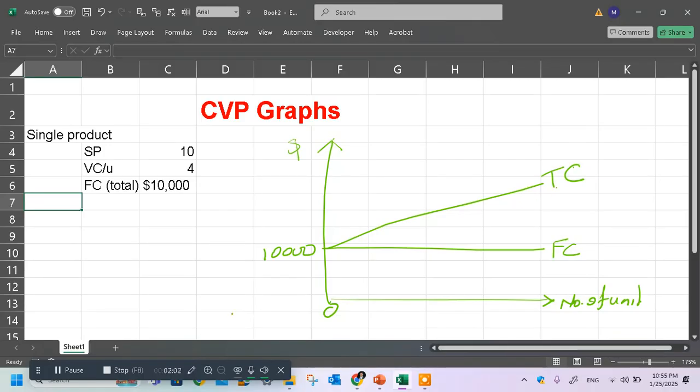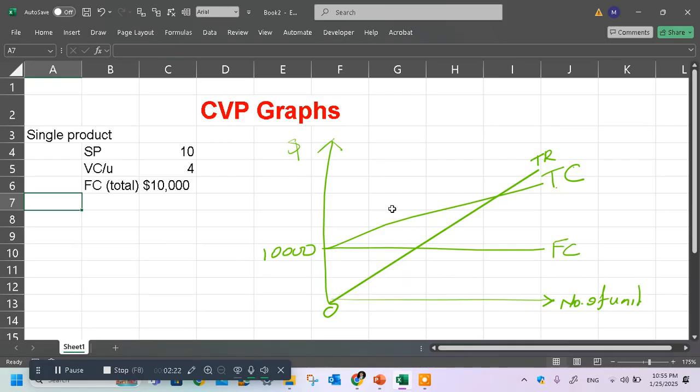Next one, this will be the total revenue graph. Total revenue will be steeper than total cost.